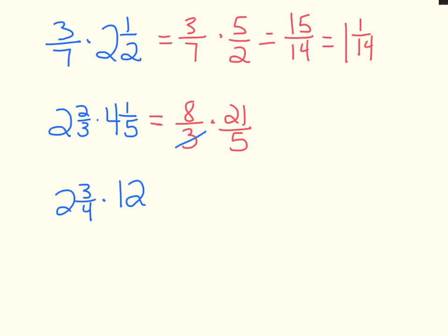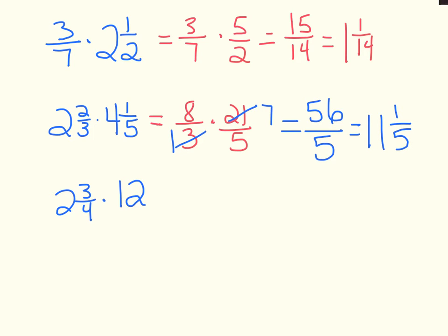But 3 and 21 do. 3 goes into itself once, into 21 7 times. I now have 8 times 7, so I'm on step 3, multiplying numerators. 56, and my new denominators would be fifths. 5 can go into 56 11 times, with 1 left over. 11 1/5.